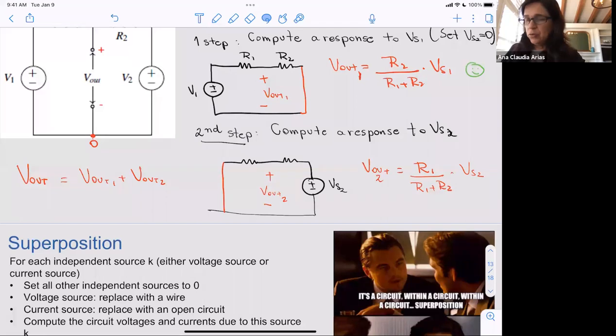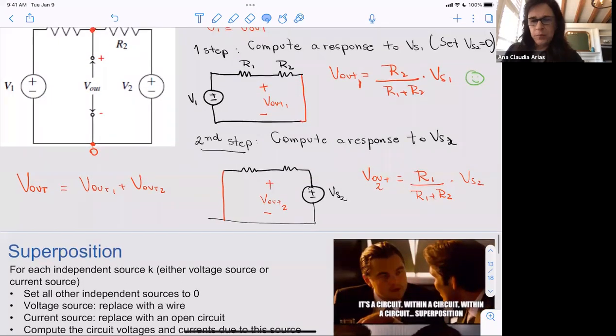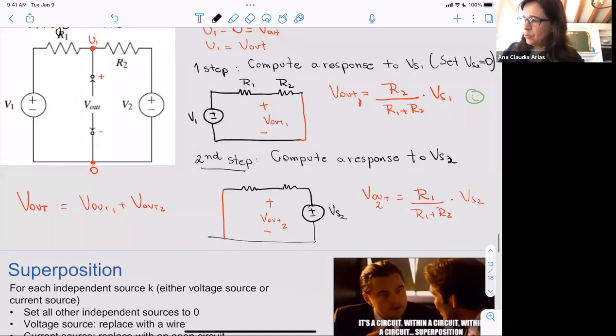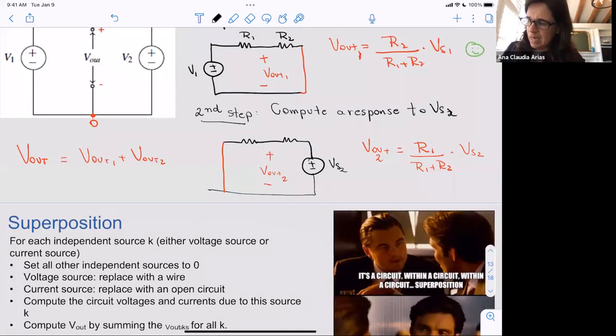So in order to finish this V out, since we had that V out was U1, then we can just say V out is V out 1 plus V out 2, which means that here we have U1, and U1 is going to be U11 plus U12, which we have the solution here.